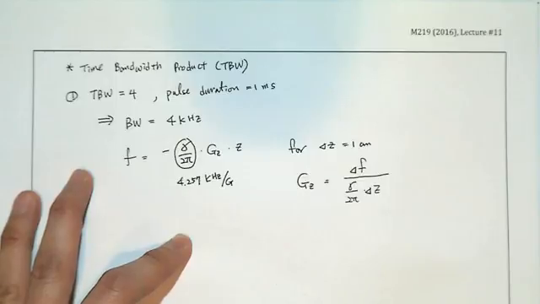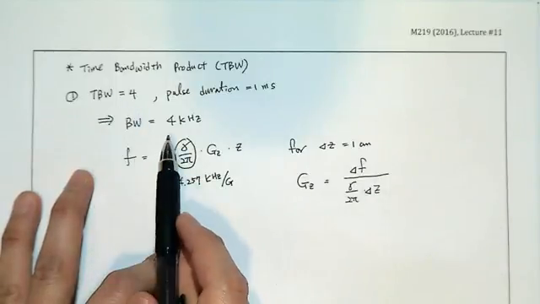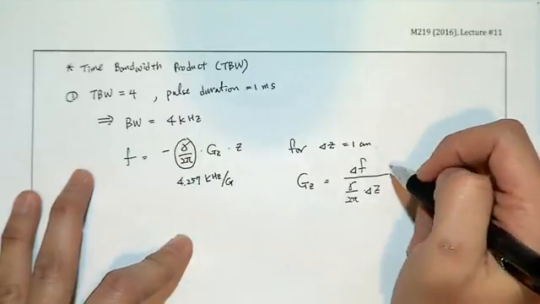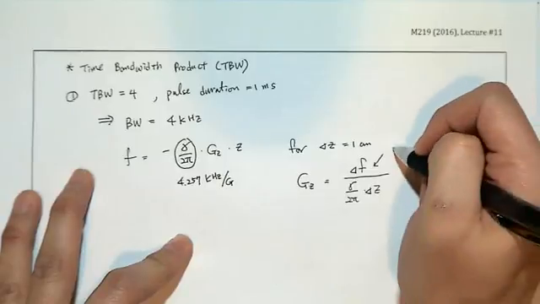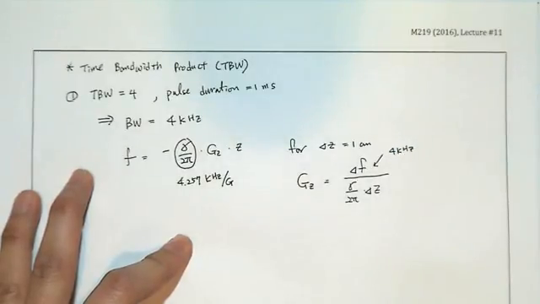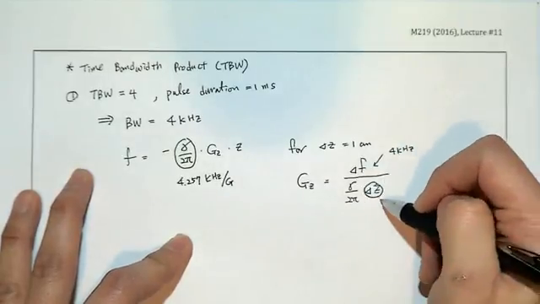So for a given time bandwidth product 4, the bandwidth should be 4 kilohertz, right? So that number should be 4 kilohertz. And we want to have delta z to be 1 centimeter.